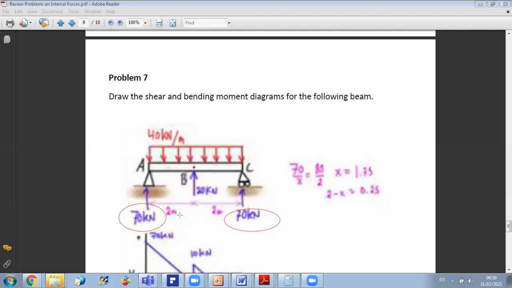Okay, so if you pay attention to symmetry, instead of doing two equations, you can get it directly from one equation. So now we know the value of the reactions, we can start to draw the diagram. I already told you as a remark last time, if you have a symmetrical load, you expect that the shear at the middle will be 0.